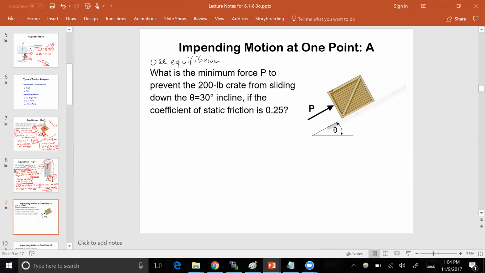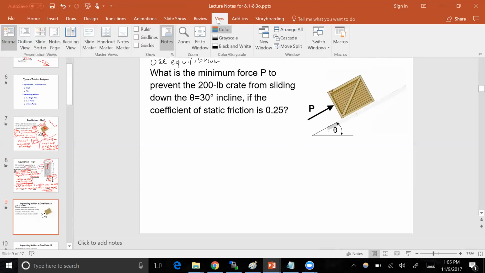But if you're at impending motion, what do we know? Something might move. Yep.